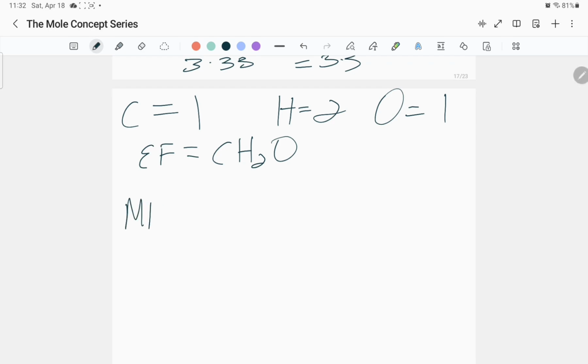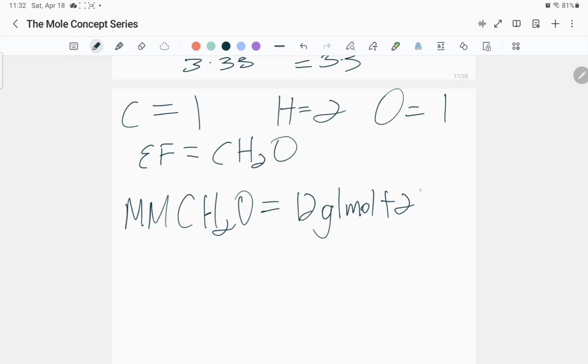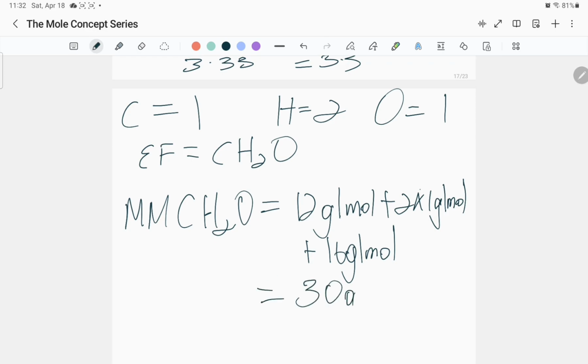So the molar mass of CH2O is 12 grams per mole, and that will equal 30 grams per mole.